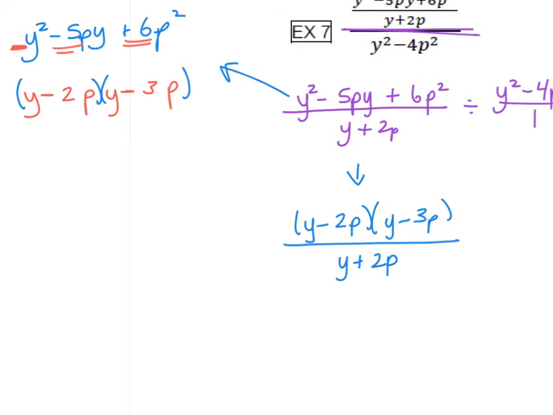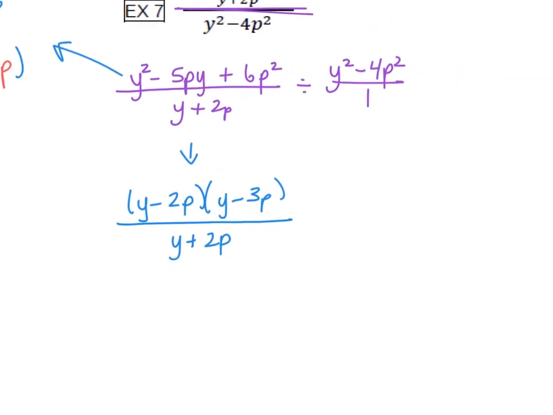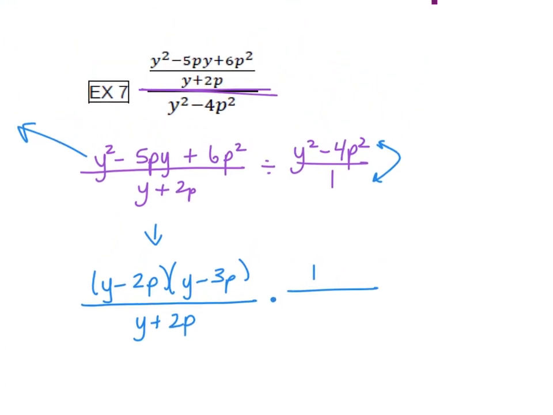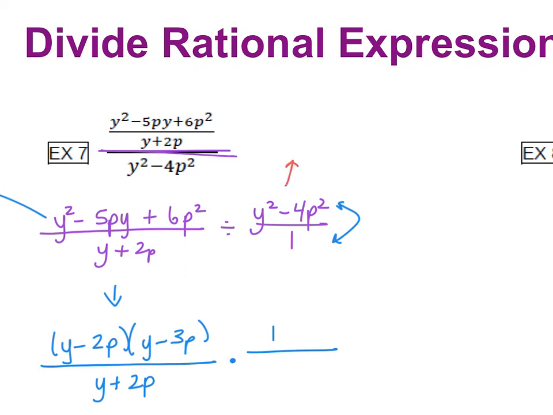All right, then I go back to the problem and I see we have our division. Dividing by this fraction, we're going to change the division to multiplication, and we're going to flip this second fraction. So that 1 is going to go on the top, but that y squared minus 4p squared, so there's subtraction. We want to think difference of squares or GCF. Anytime you have things that are squared with subtraction, you want to see if it's a difference of squares.